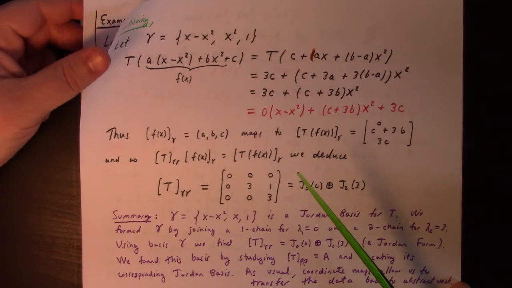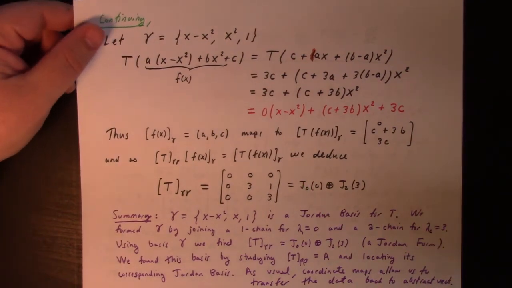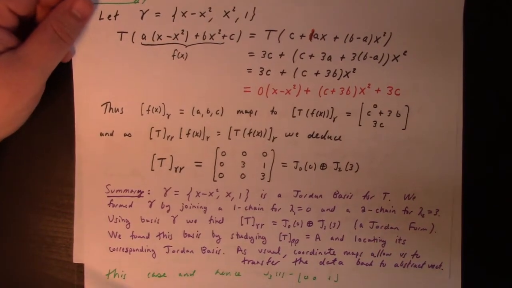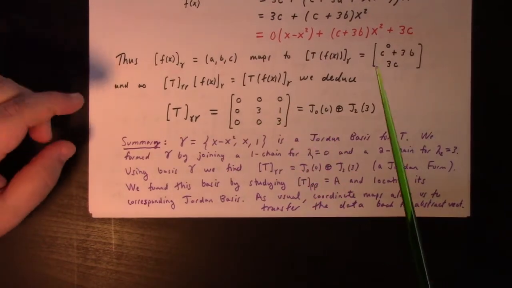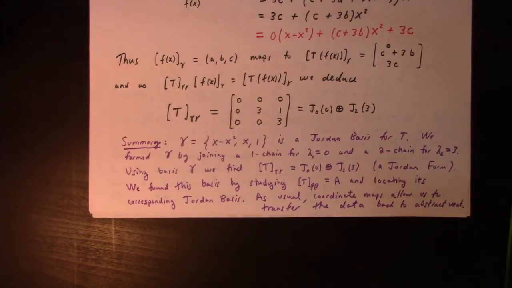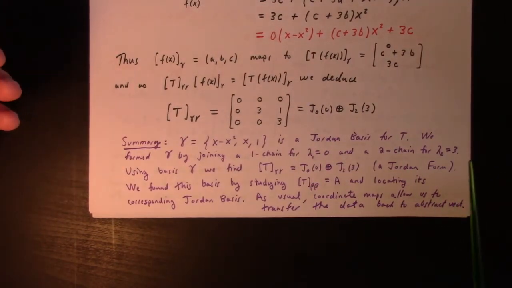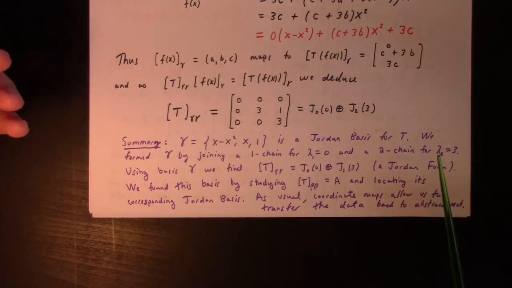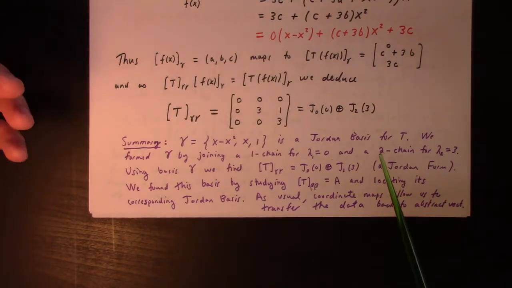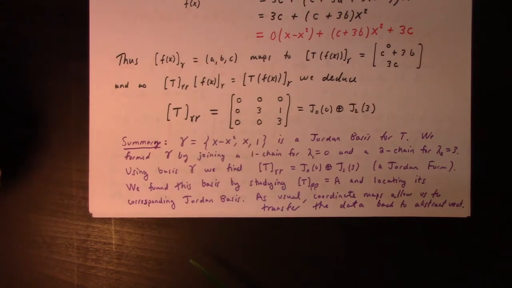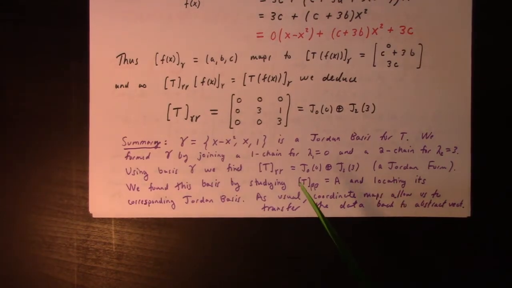What you do, or at least one way to do it, unless there's something else freely available to work with, is pick any old basis for your vector space. You find the matrix for the transformation. Then, for that matrix, you find the characteristic polynomial. You calculate the eigenvectors and then generalized eigenvectors as needed for the matrix.